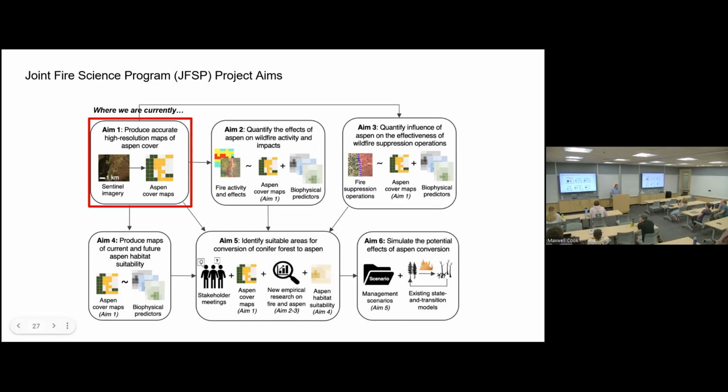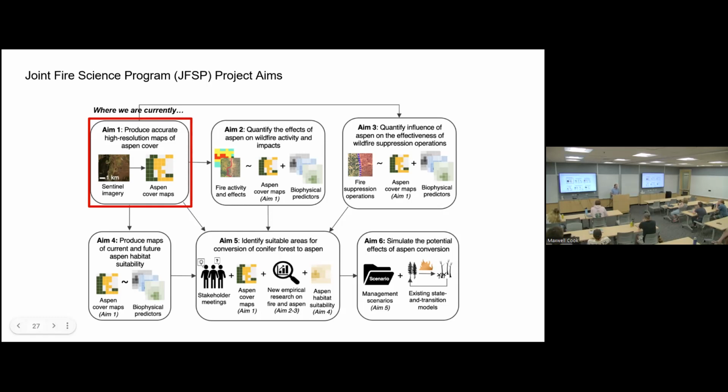The body of knowledge that we're trying to build in this project is really to support the type of work that people are already interested in doing. Another project is Rocky Mountain National Park. They're really interested in aspen expansion in general, but also aspen buffers around the park as a way of preventing fire from escaping the park into Estes Park, for instance, or Granby.